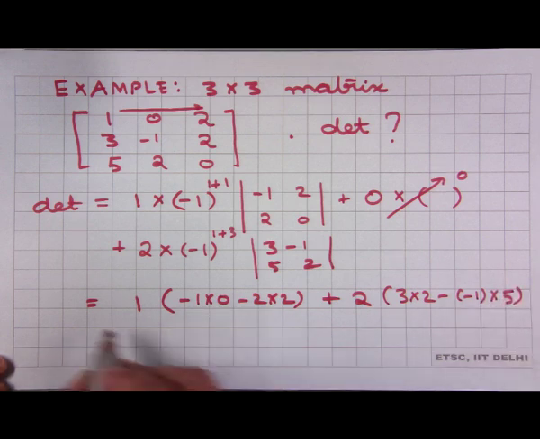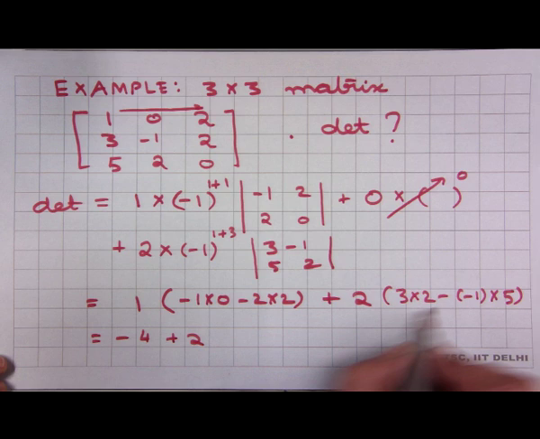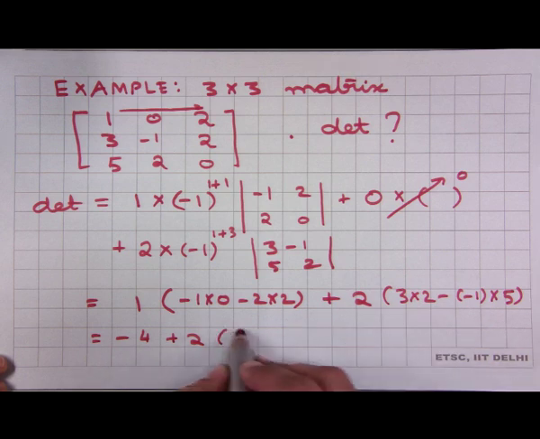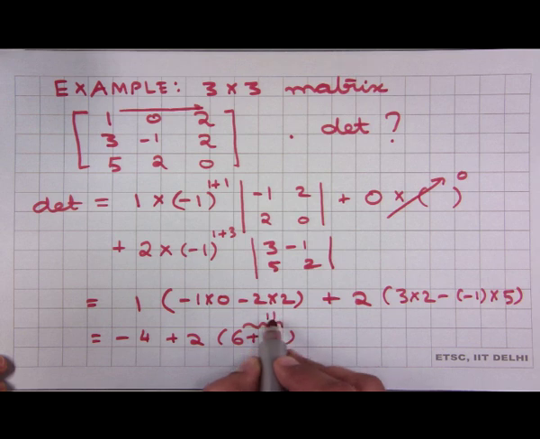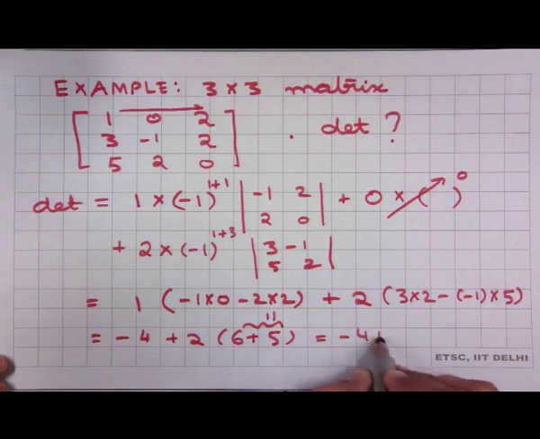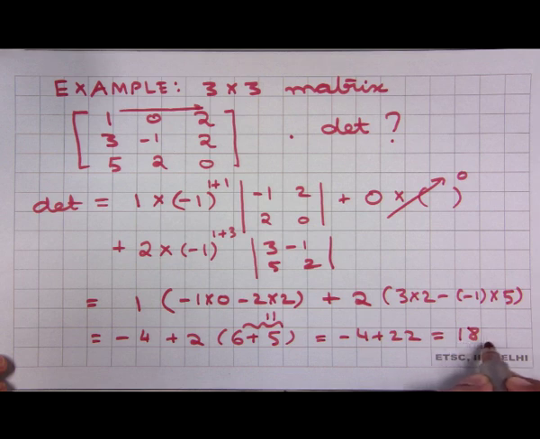So, here we get minus 4 plus 2 times 6 and then this is 5. So, this is 11 times 2, 22 minus 4. So, minus 4 plus 22, which is equal to 18. So, this is the value or how we can compute the determinant for a numerical example.